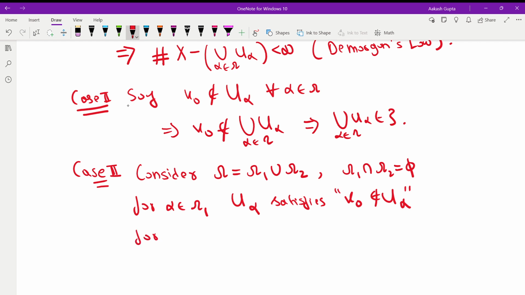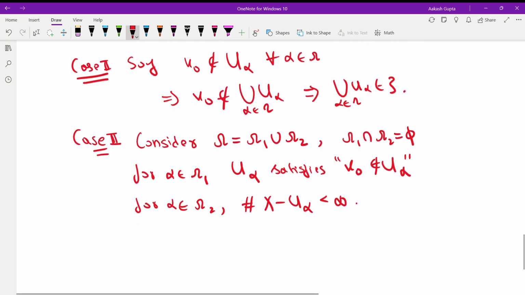Okay, and similarly for alpha in omega 2, we have the complement is finite. That's how you see the mixture is there. That would be the third case, right?